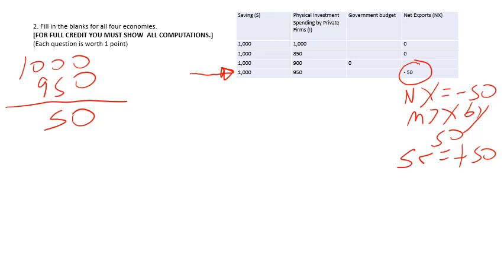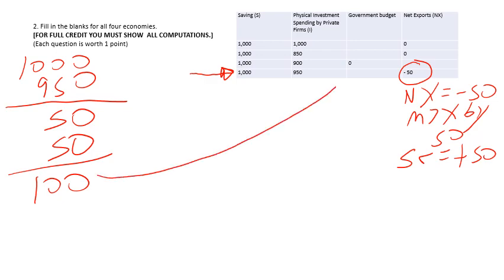So that's going to be injected into our financial pool by foreigners. So that's a plus 50. So that gives us 100. And this is available for the government.